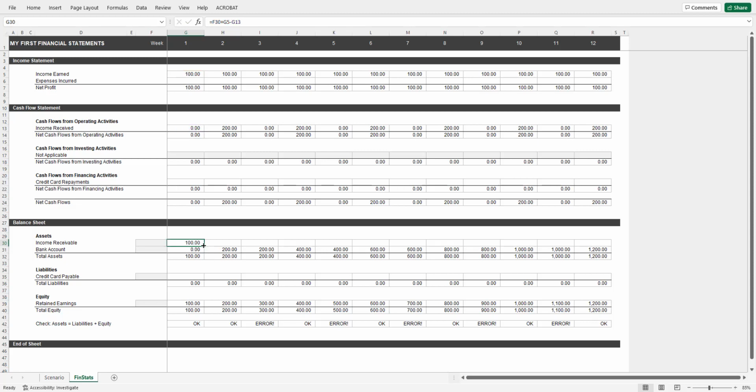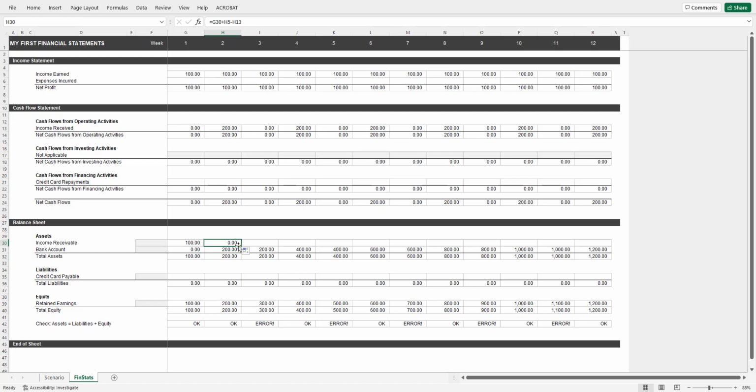Now when I drag this across, we're going to see that the receivable, what's owed to us, disappears because we were owed $100 to start with, and we're owed another $100 because that's what we earned this week, but we got paid $200. So what's owed to us gets reduced by $200, and so we're back to where we started.